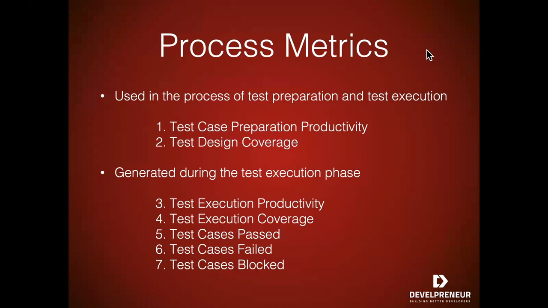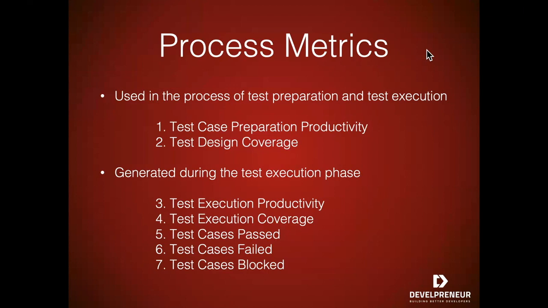and/or blocked. The test case preparation productivity is used to calculate the number of test cases prepared and the effort spent for the preparation of test cases. Test design coverage helps to maintain the percentage of test cases covered against the number of requirements. Test execution productivity determines the number of test cases that can be executed per hour.